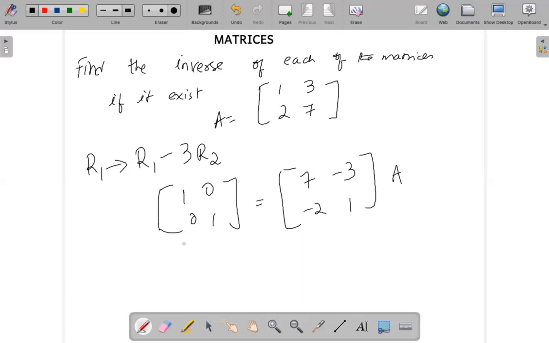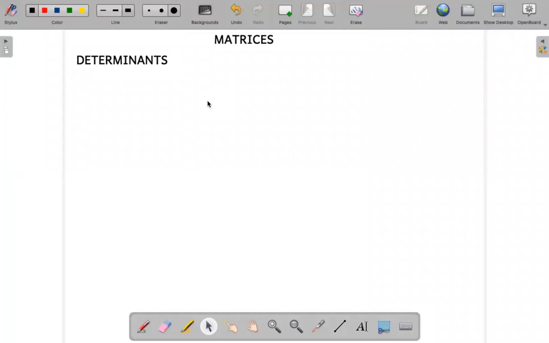So we got this as I now. So A inverse will be 7, minus 3, minus 2, 1. Okay, so this is the inverse of the given matrix. We'll discuss determinants.